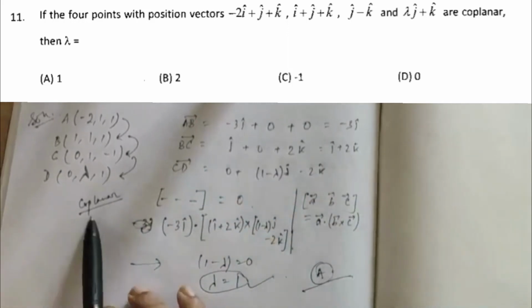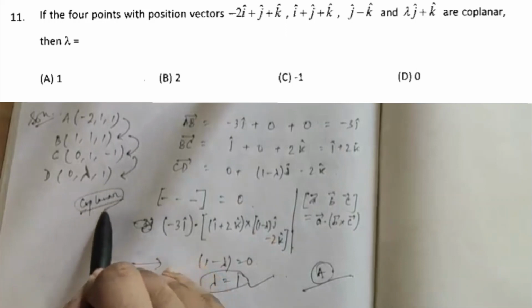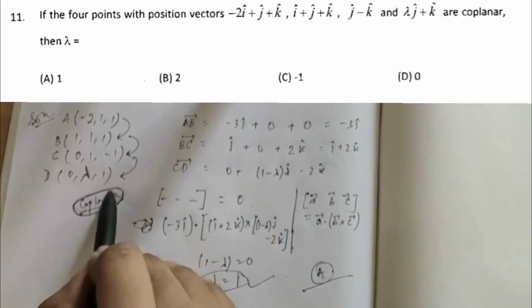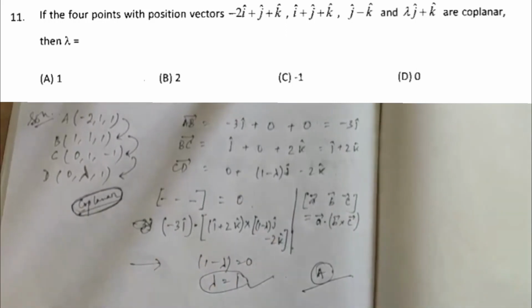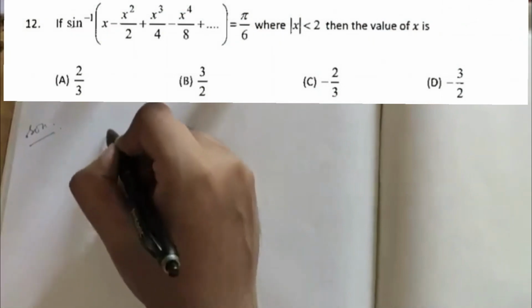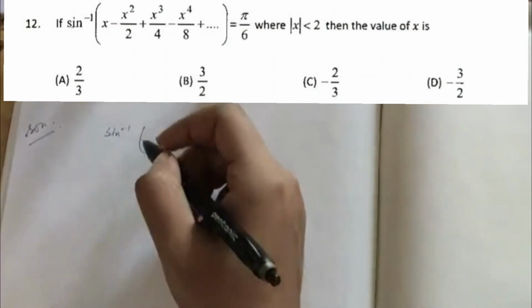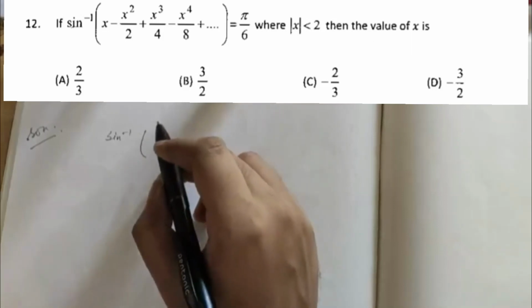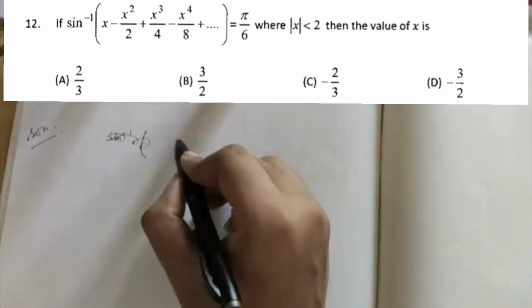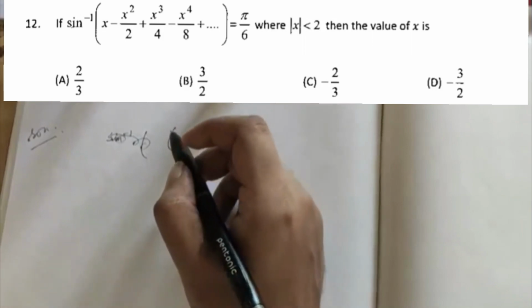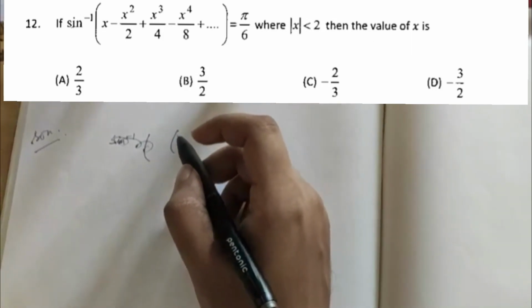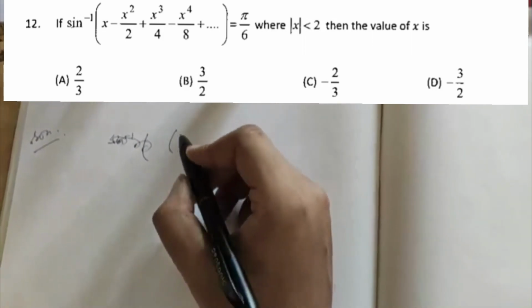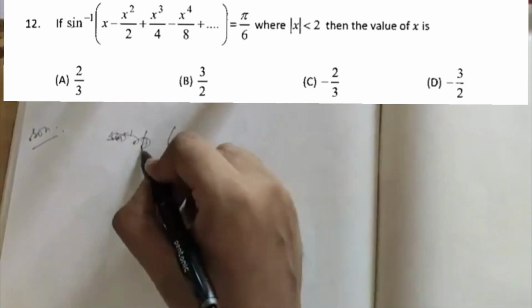Wherever you see the term coplanar, you have to strike in your brain that somewhere you have to use the formula of scalar triple product. So moving on to the next question, I have to be a bit faster. In the next question you can see that sine inverse of some function is equal to pi by 6. At first you check that x minus x square by 2 plus x cube by 4 is a GP tending to infinity.